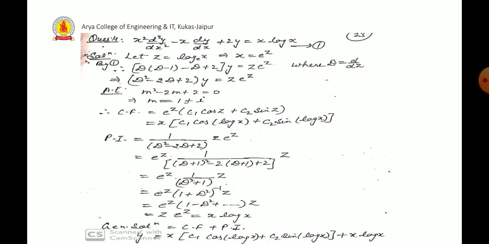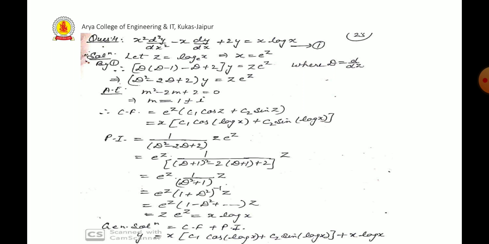So the CF of the differential equation is e to the power z (c1 cos z plus c2 sin z), and the value of e to the power z is equal to x, and the value of z is equal to log x. This implies that CF is x (c1 cos log x plus c2 sin log x).